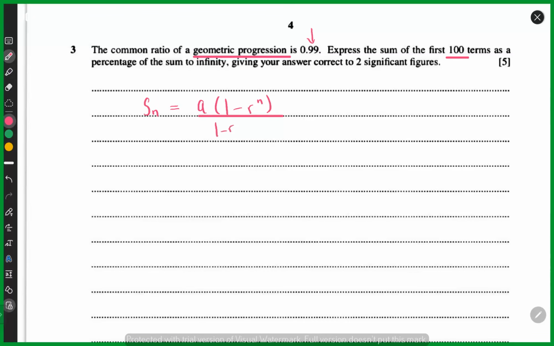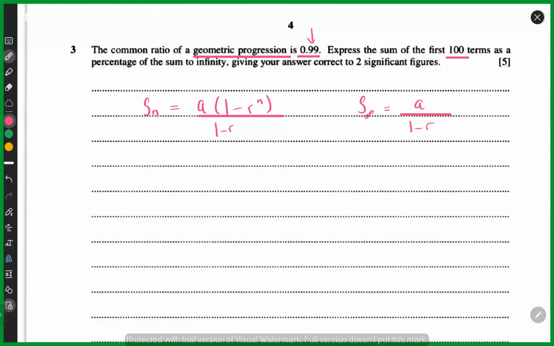Now certainly if you have a sequence where the terms are decreasing, yes, for that we can find the sum to infinity. But you can also find the sum of first 100 terms in that case. That's not an issue, right? Okay, this is the formula for n terms. And the infinity formula is basically a divided by 1 minus r.